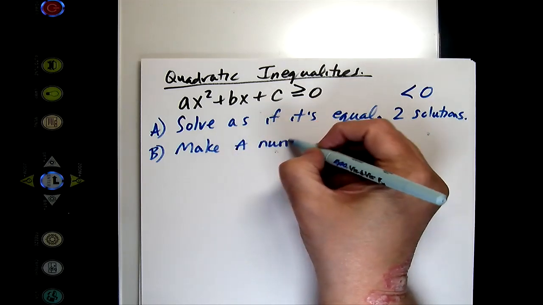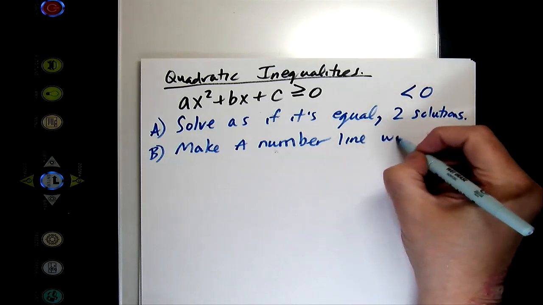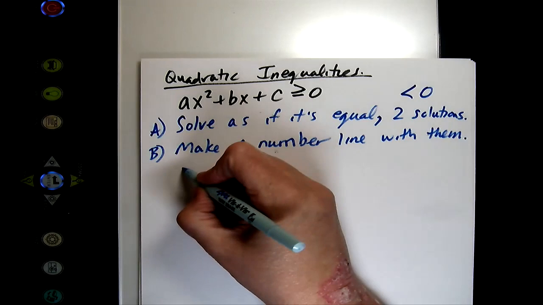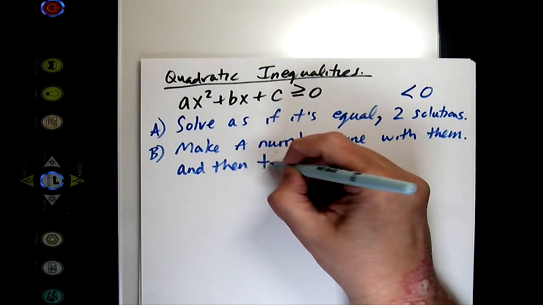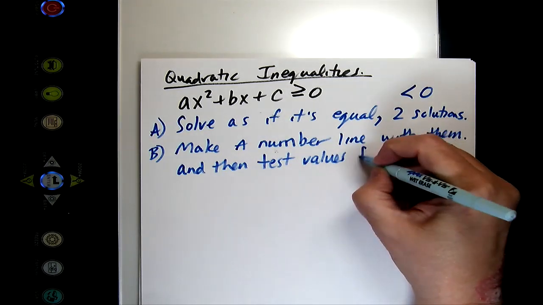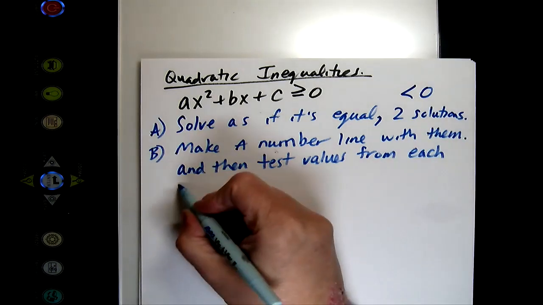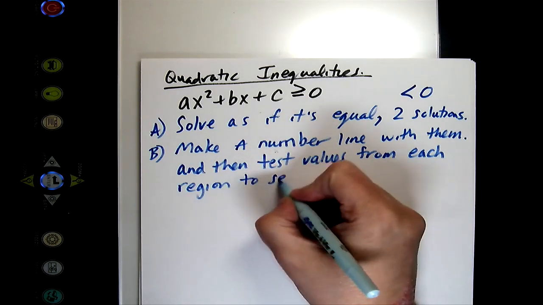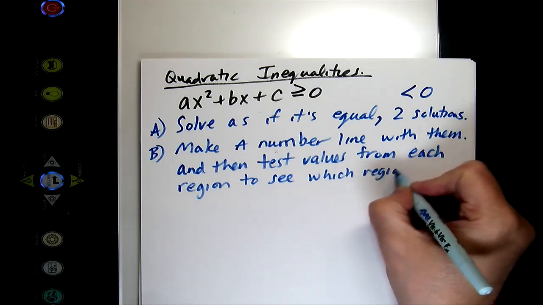This is a lot easier with a number line. And then test values from each region to see which regions match the inequality.